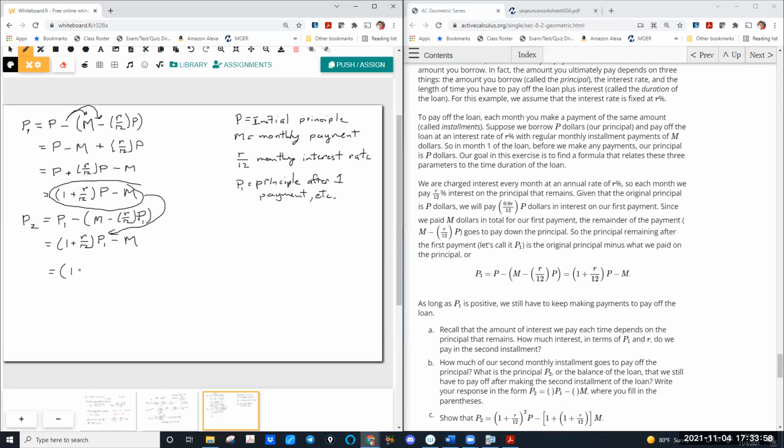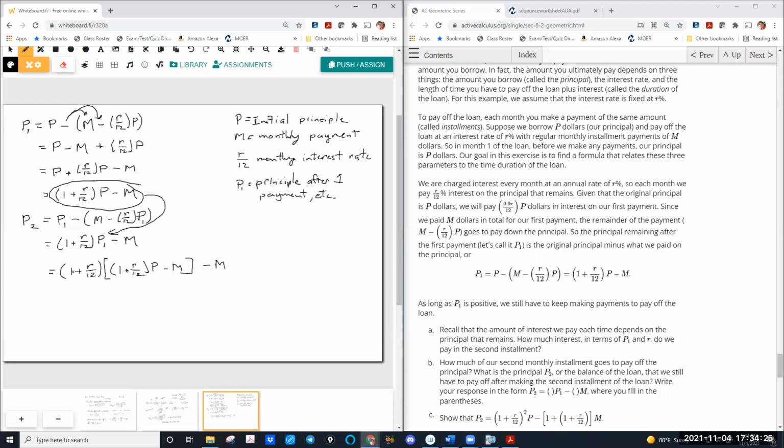And this is where the algebra can get a little, I don't want to say complicated, a little messy, just because my handwriting's messy, really. But it's pretty cool the way things end up working out. So basically, I'm just subbing this in for P1, and then we've got this minus M hanging out.